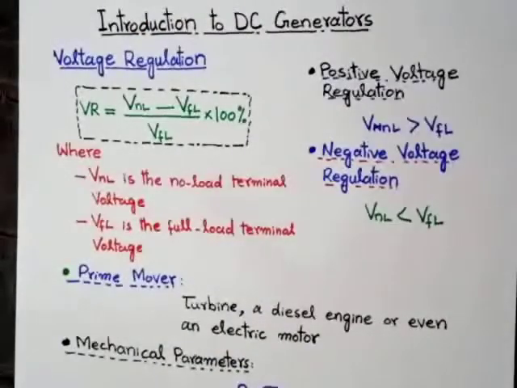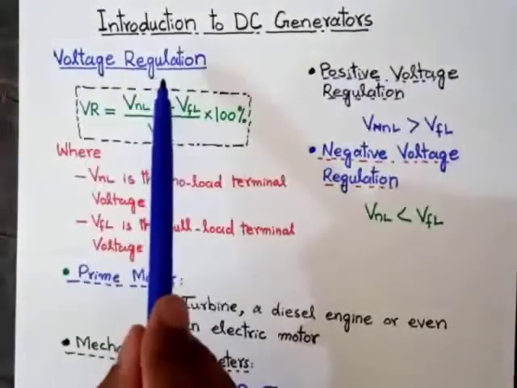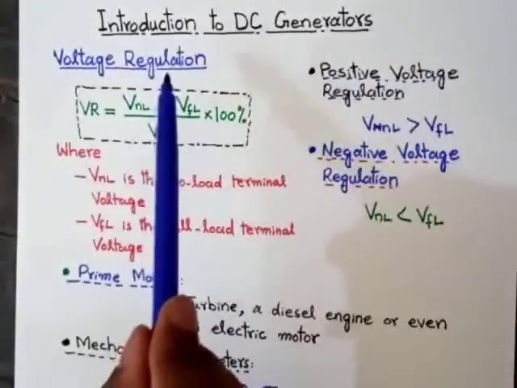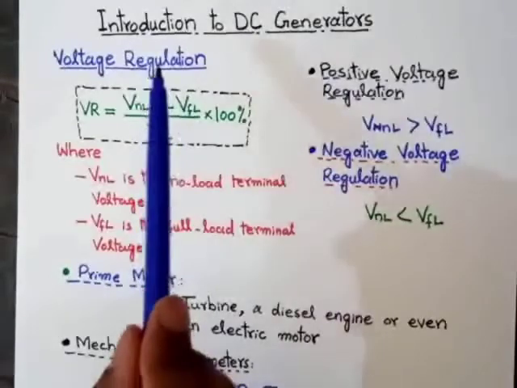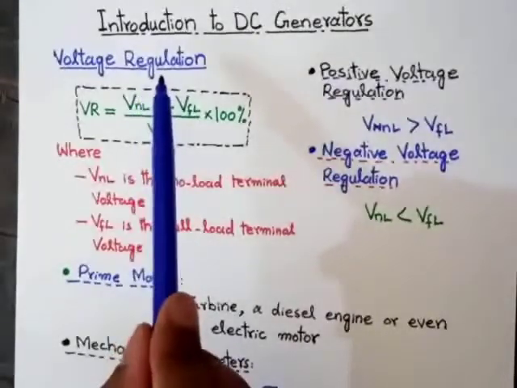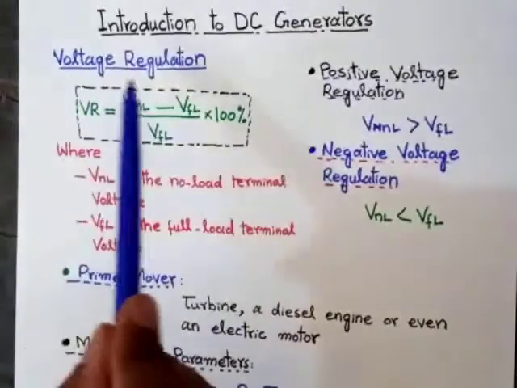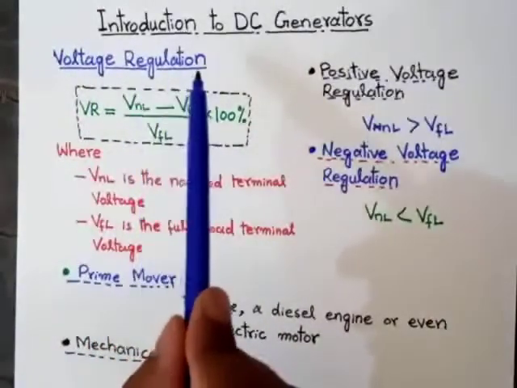So the next point is, how do we do the comparison between different types of the DC generators? Usually comparison between DC generators is made on the basis of voltage regulation. That is, we compare different types of the DC generators based on the voltage regulation of each type.